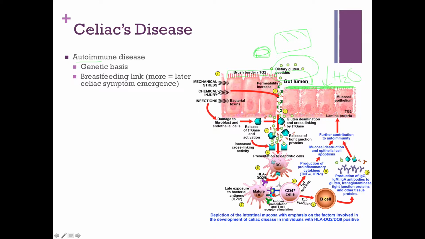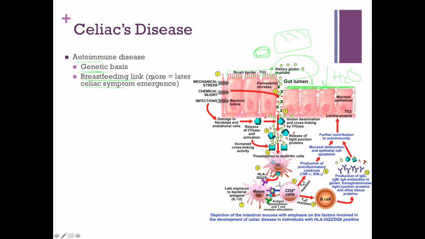There seems to be a little bit of a genetic basis with celiacs like other autoimmune diseases, which means if you find it in a family member, it's more likely to be present in later family members, so mothers, first order relatives. There's a small breastfeeding link, and the link is that in people with celiacs, the longer they were breastfed, the longer they had symptom-free years.